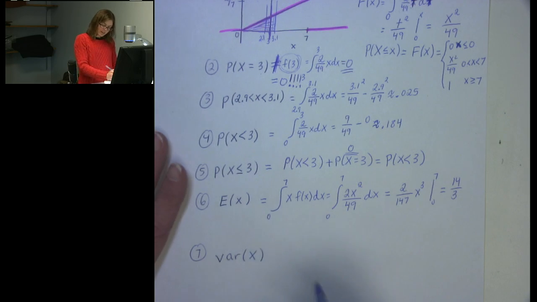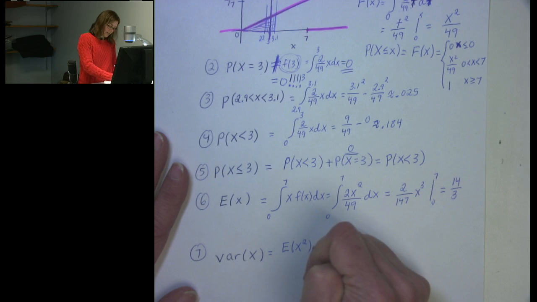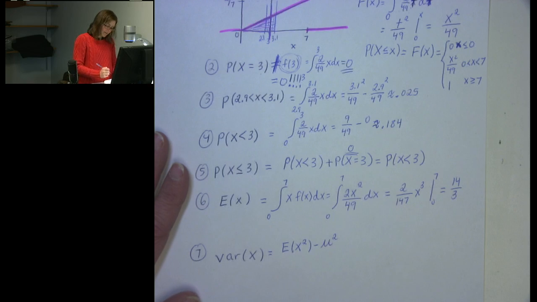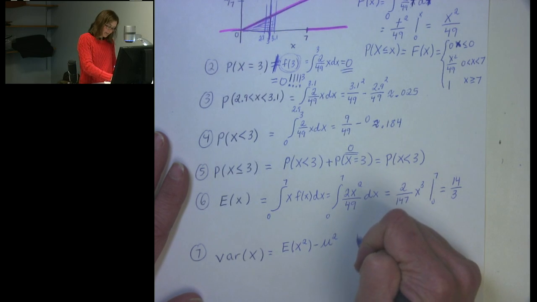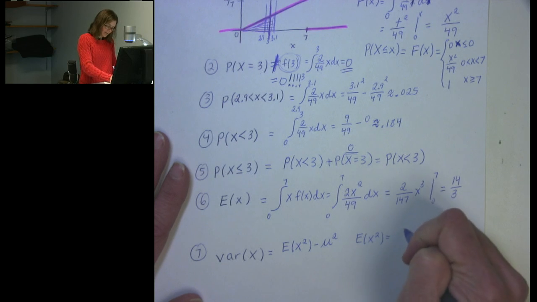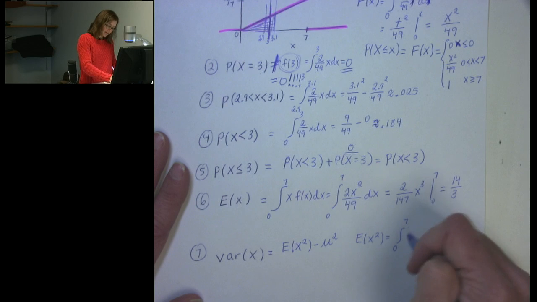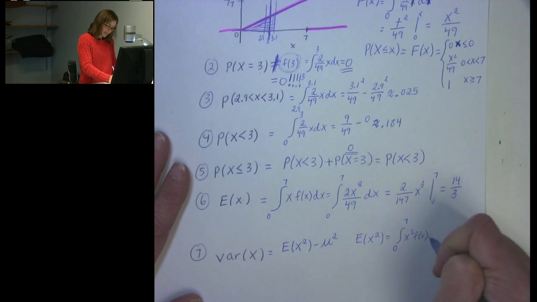And for the variance, the easiest way is to use the computational formula. We already have the mean here. So the expected value of x squared minus the mean squared. Then I need the expected value of x squared, which is going to be the integral over the whole support, 0 to 7, of x squared times f of x.